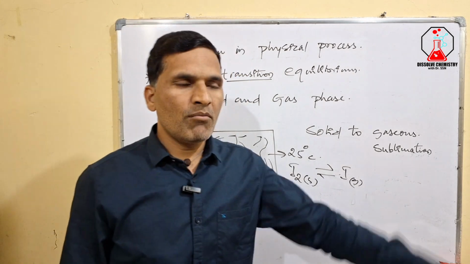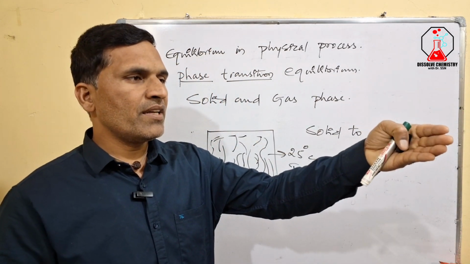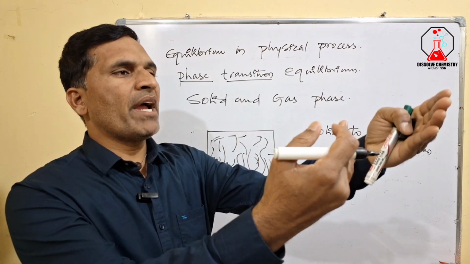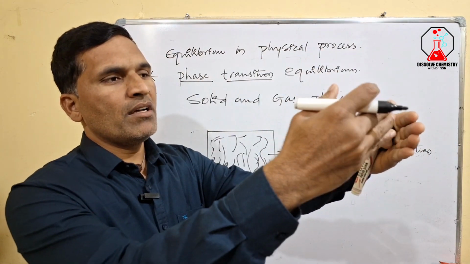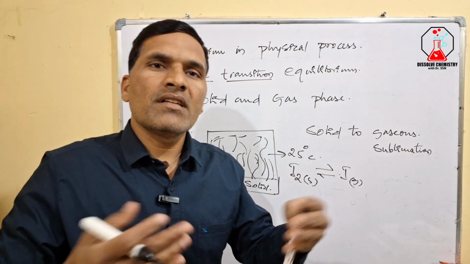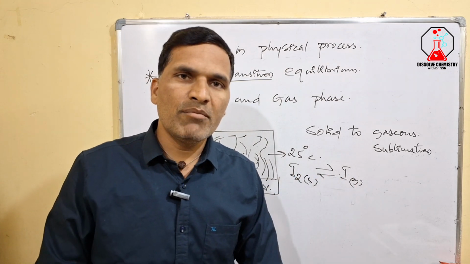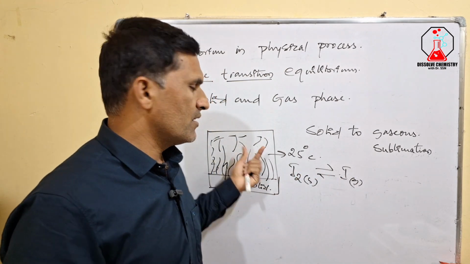The number of molecules escaping from the solid phase to the gaseous phase and the number of molecules condensing back from the gaseous phase to the solid phase are equal, and that particular point we call an equilibrium being established between these two.